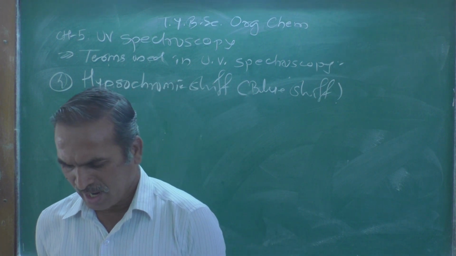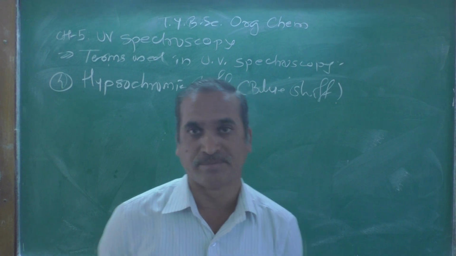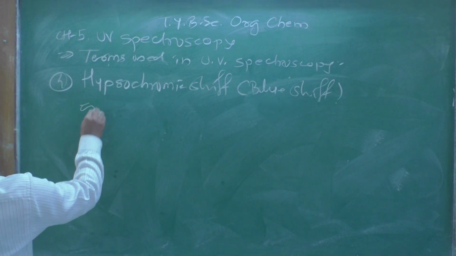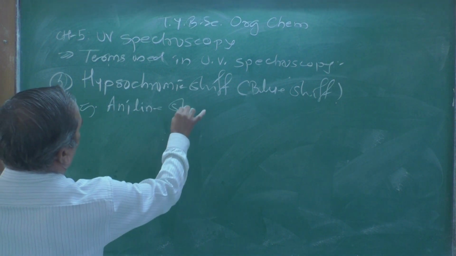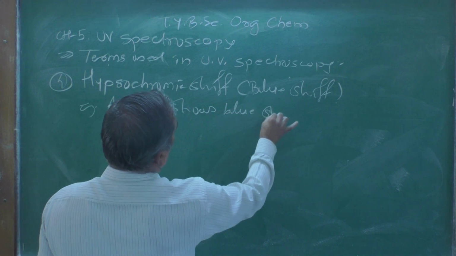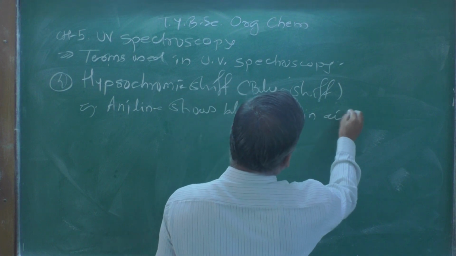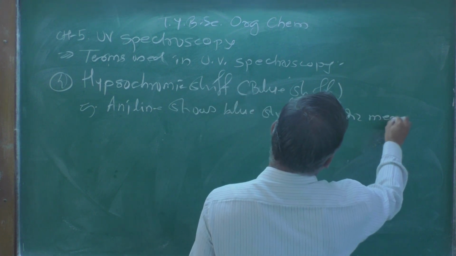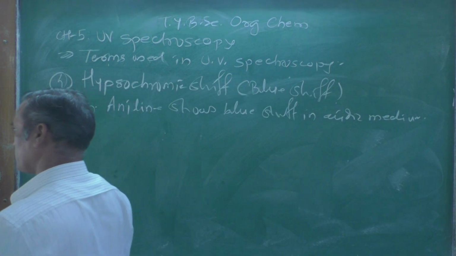Let us see. For example, aniline shows blue shift in acidic medium, explain. So that becomes a question.